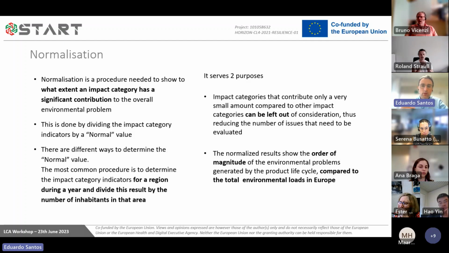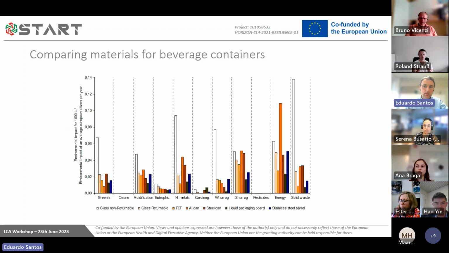So we have our footprint measured on average as European citizens in every one of those categories. And the normalization step basically tells us, for instance, what a given product system's impacts are related to the average impacts of a European citizen in the given categories for 1 year. So that is a way to normalize things.